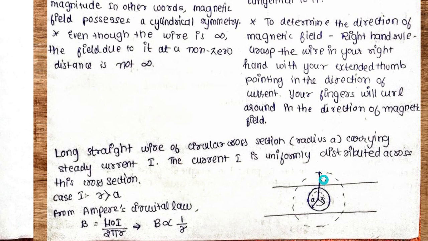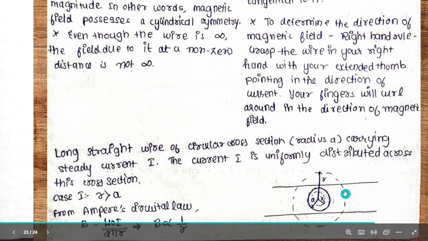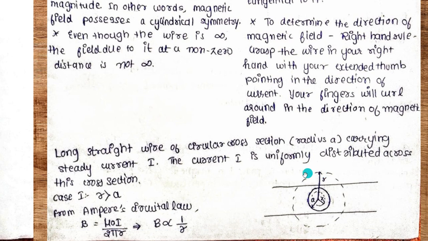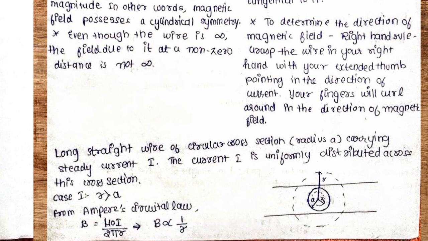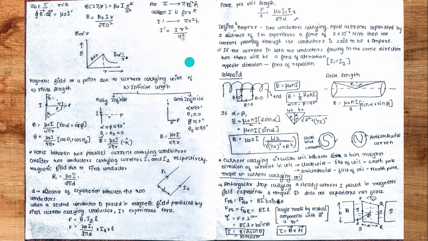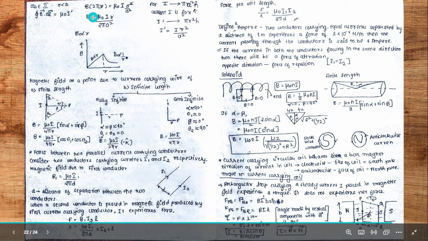The current I is uniformly distributed across this cross section, and in the first case we have r greater than a, as you can see. From Ampere's circuital law, B is equal to mu naught I by 2 pi r. So in this case, the magnetic field is inversely proportional to the radius according to this formula. Now if we see the second case, that is r is lesser than a.